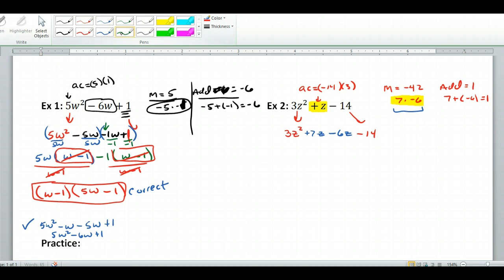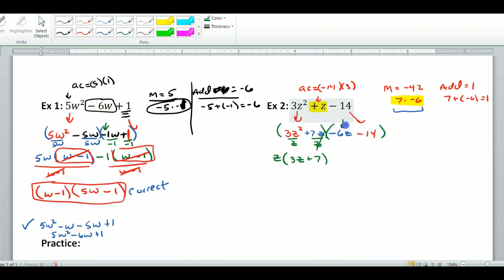Once we do this, the last step is easy. Factor by grouping. What's the common factor between 3z squared and 7z? Well, 3 and 7 have no common factor, but they both have a z, so we'll pull out the z. We have 3z plus 7 left.